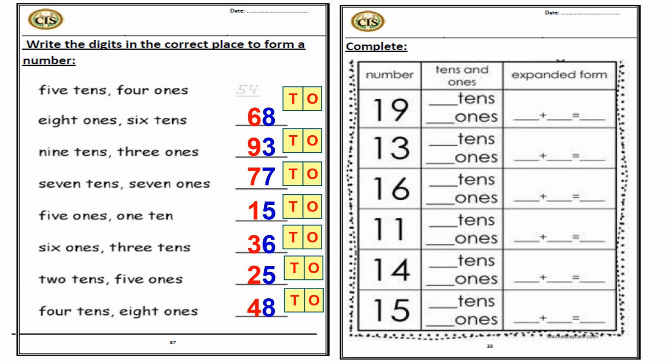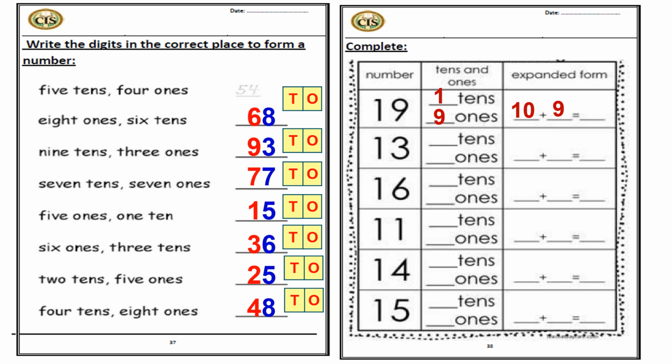19. I must put the tens and ones. So here, what can I write behind the tens? 1. Behind the ones, 9. So 1 tens mean 10 and 9 ones mean 9.